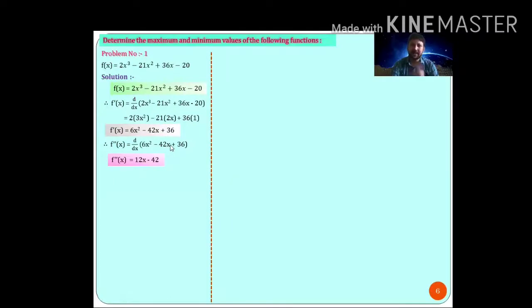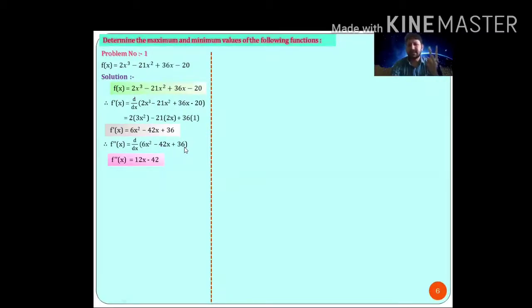So finally we obtain 6x² derivative 12x, minus 42x derivative minus 42, and the constant 36 derivative 0. So we obtain the answers for f'(x) and f''(x). Our step number 1 is complete.